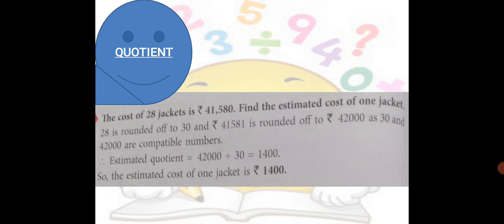It is not the real quotient because we are dividing the estimated value. That means we are dividing 42,000 by 30, which is only the estimated value. When we divide these two numbers, we will get 1400 as a quotient. So, the estimated cost of one jacket is rupees 1400.